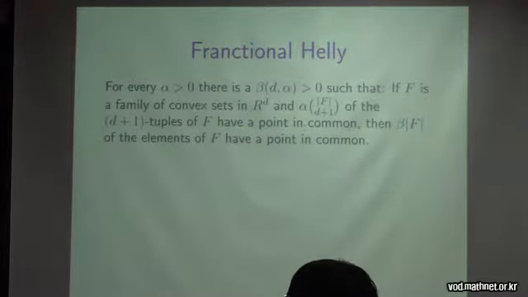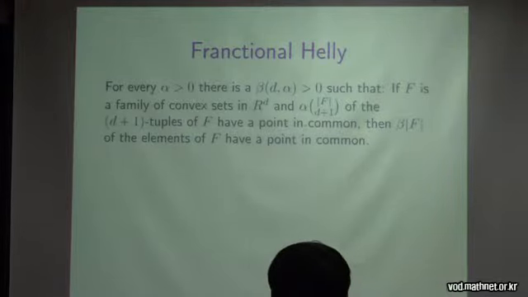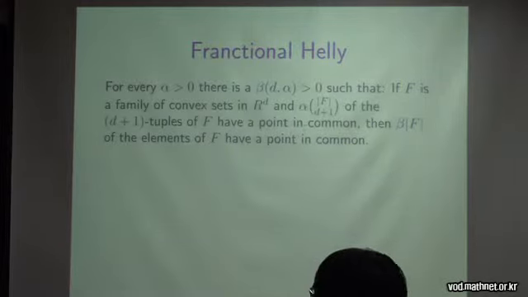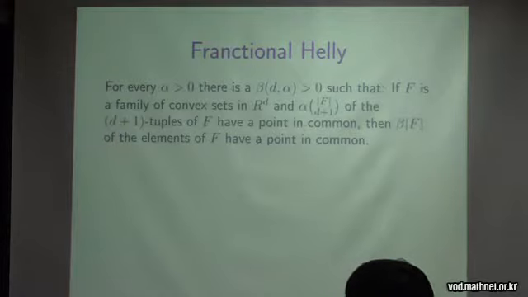So the second thing was, what if not all of the d plus 1 tuples intersect? Now, there is a very nice theorem here, which is called the fractional Helly theorem. What this says is that if not all of the d plus 1 tuples intersect, but some fraction of them intersect, then I cannot conclude that the whole family has a point in common, but I can conclude that many of them have a point in common.